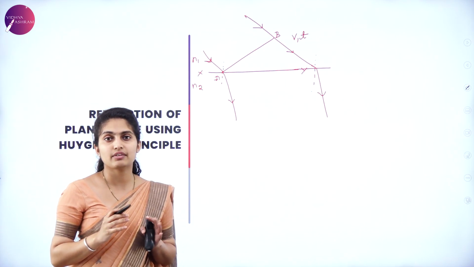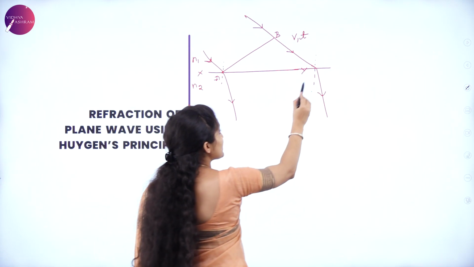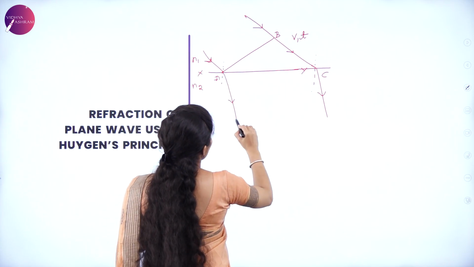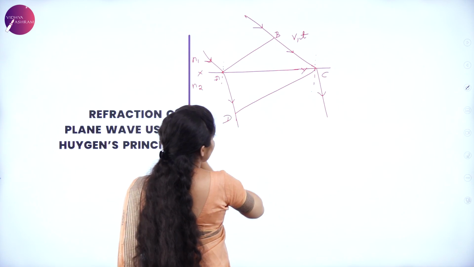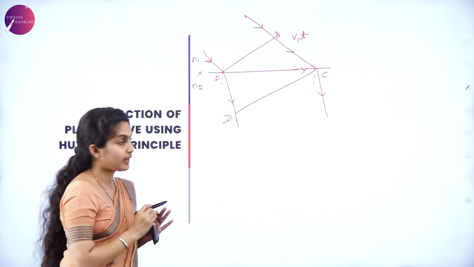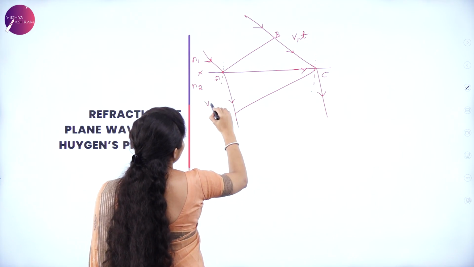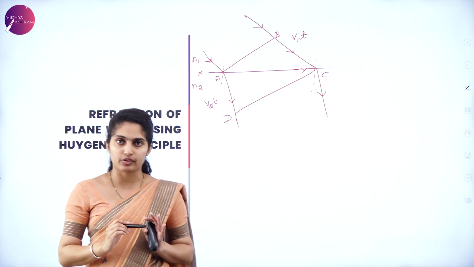Okay, distance to travel for the light is velocity into time taken. So from B to C it is V1t. Okay, so just draw a tangent from C to D such that it meets at the point over here at D on A. Okay, so the distance of the refraction from A to D is said to be V2 into T. So these are the few concepts what we know.